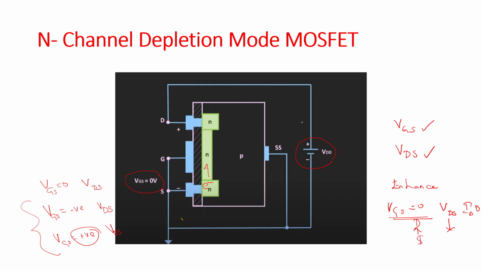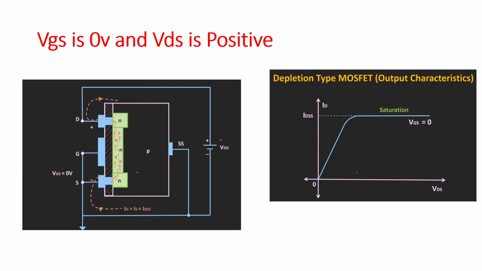So the movement of electrons should happen only when the polarity attracts them. The positive polarity attracts the electrons, so the movement starts from source towards the drain, and negative is connected to the source, and VGS is equal to 0. So the electrons start moving from source towards the drain. This will be the direction of movement of electrons in this condition.